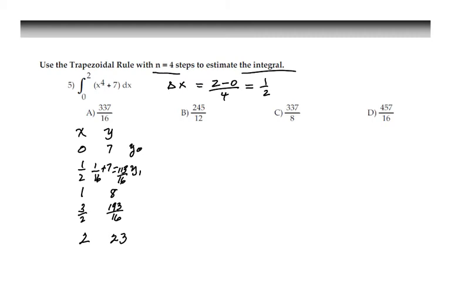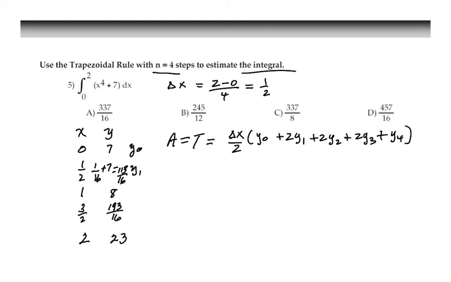And so the area, which I would call A and they would call T, would be equal to delta x over 2 times y0 plus 2y1 plus 2y2 plus 2y3 and just 1y4, because that's the last one.